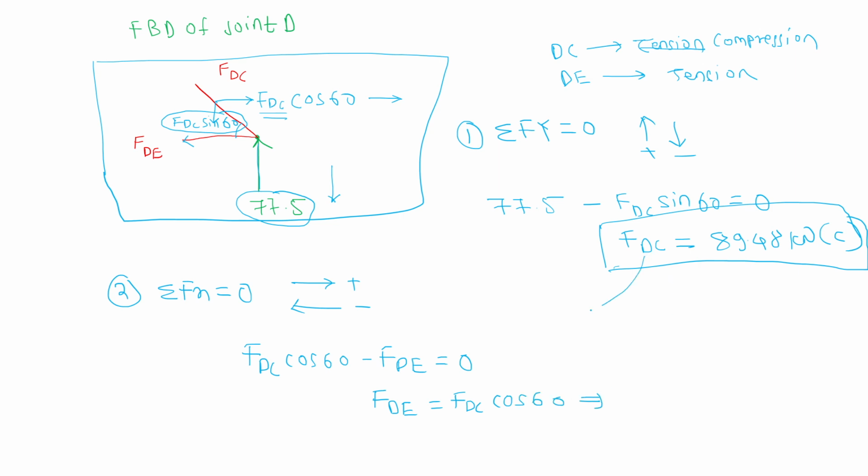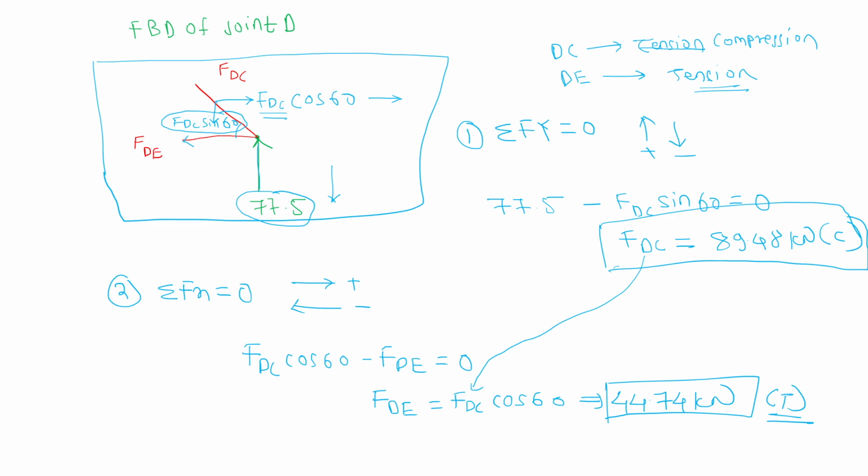So FDC you have to put here and take cos 60. So 44.74, and the answer is correct. We have already assumed it as a tension away from the joint. So that means the nature is tensile. So this is how you can determine the member forces using the method of joints.